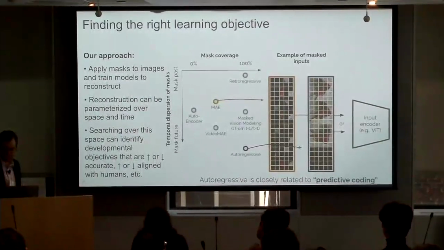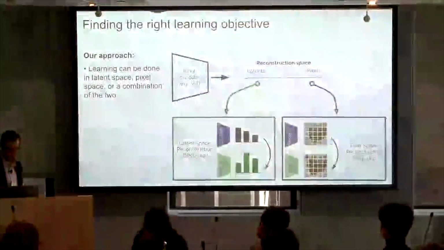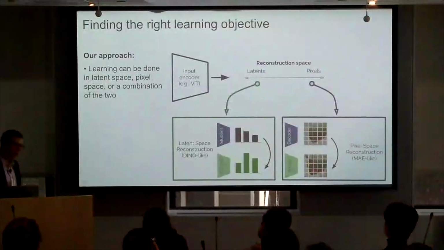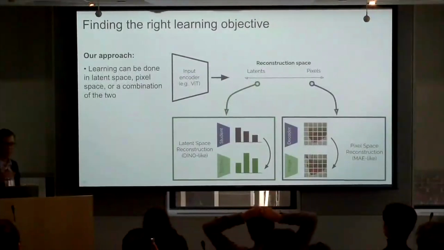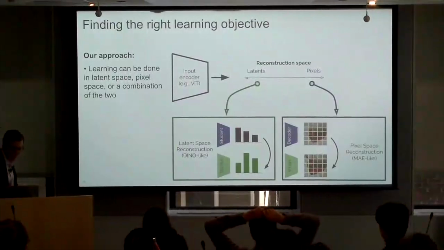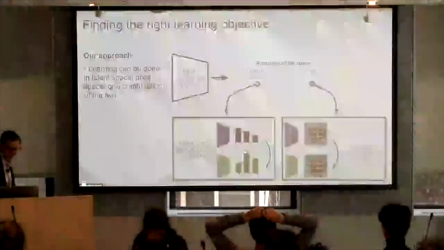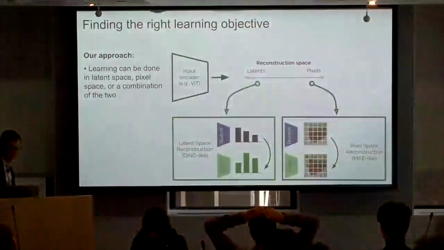Then the idea is to pass this organized input into an encoder and then to reconstruct the image behind. Another third dimension is how you reconstruct, whether you reconstruct in the pixel space or in the latent space. Here again, we're going to try to contrast different versions of those algorithms. All right, so this is in terms of data diet and objective function.